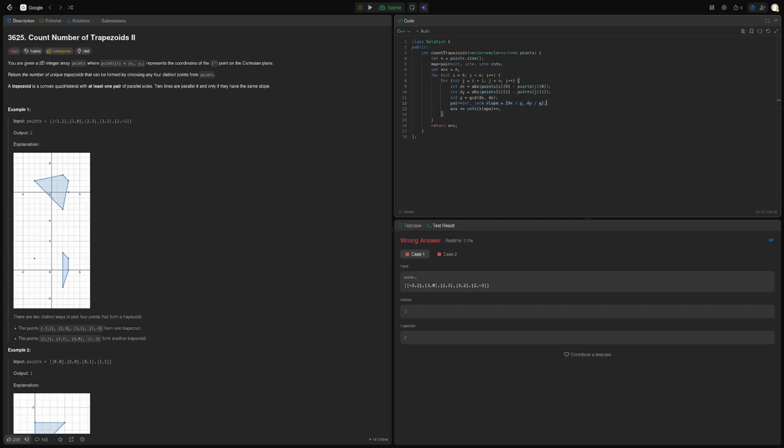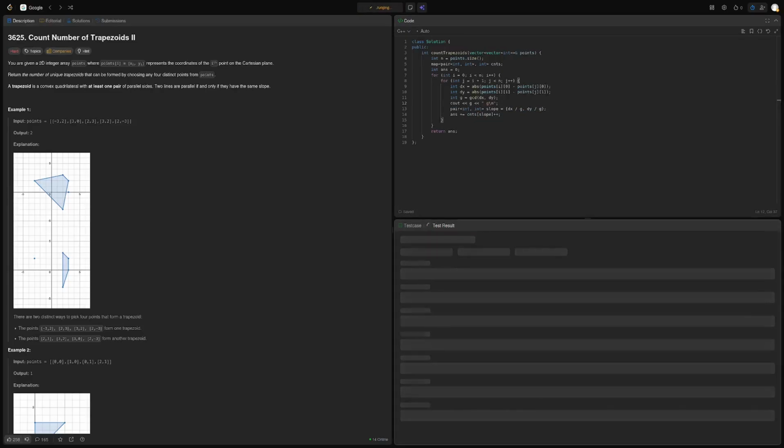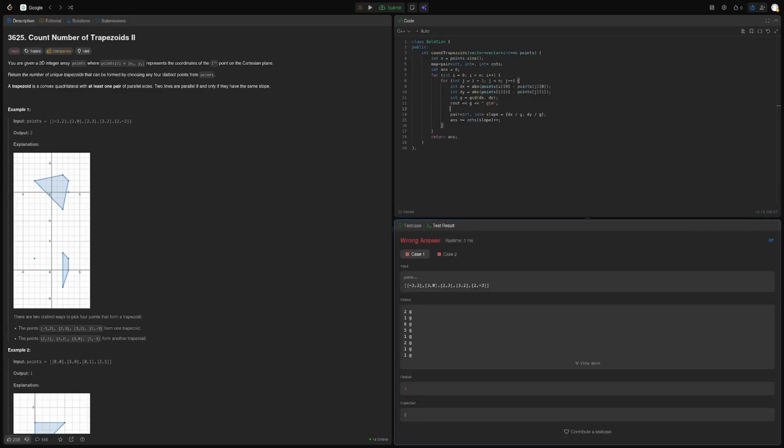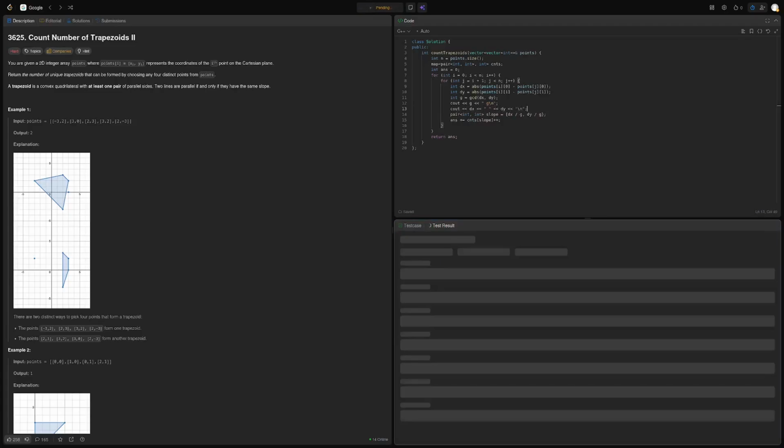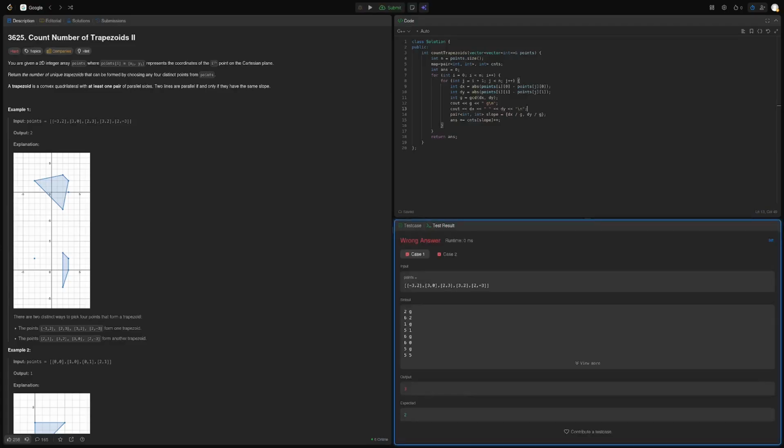Oh, because I don't have GCD defined. Why? What? Why is GCD defined? That is weird. There is GCD defined. 6 to have 2, 5, 1, 6, 0 have 6 GCD.